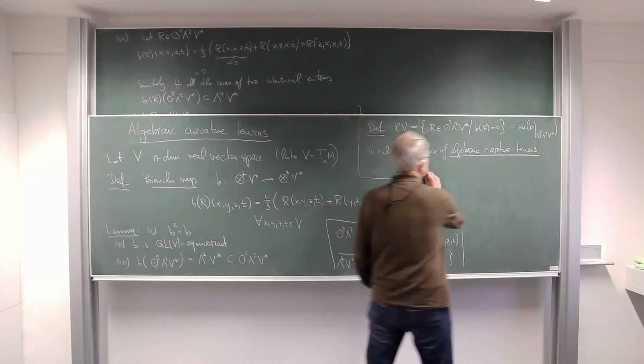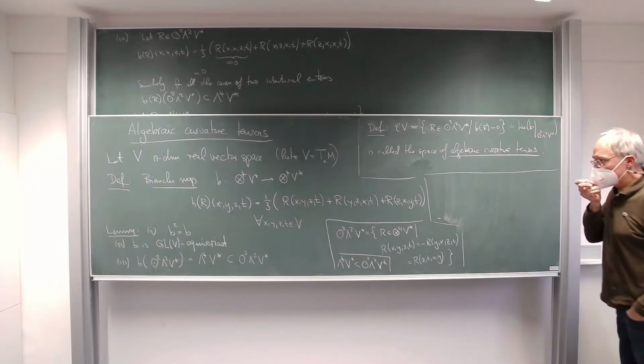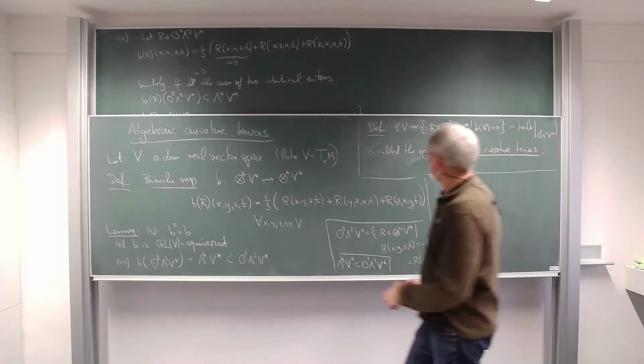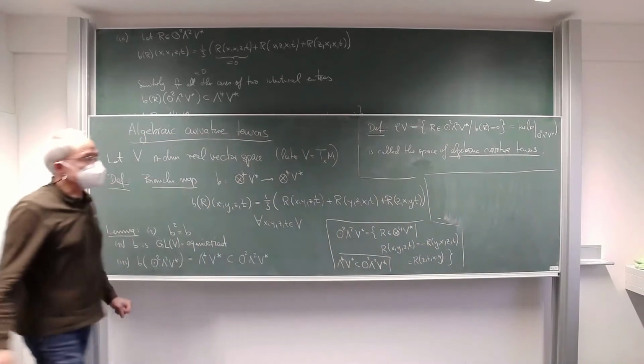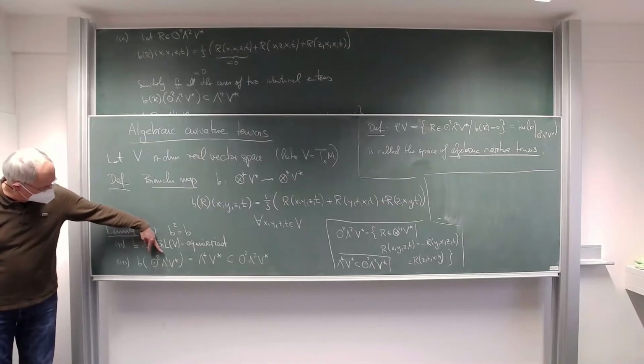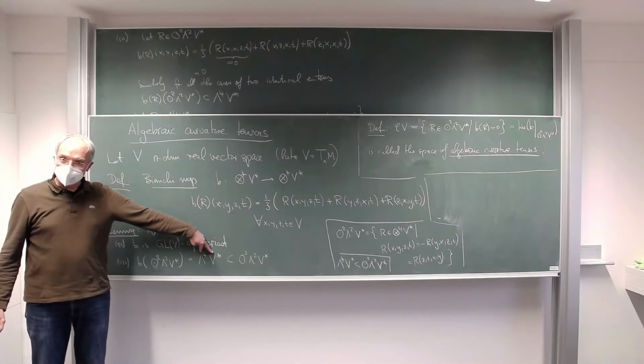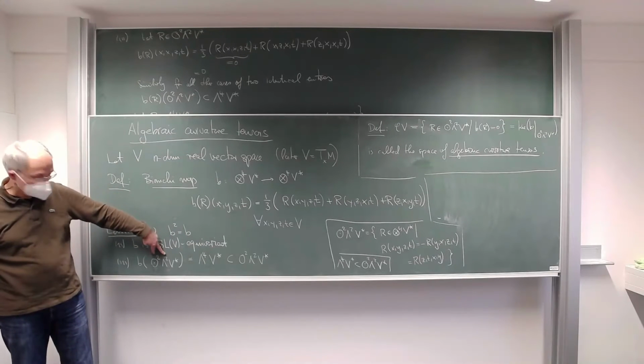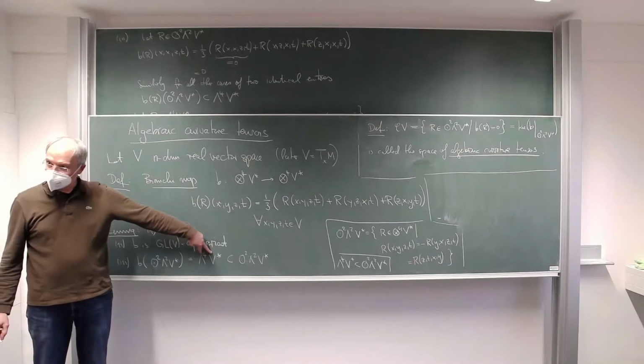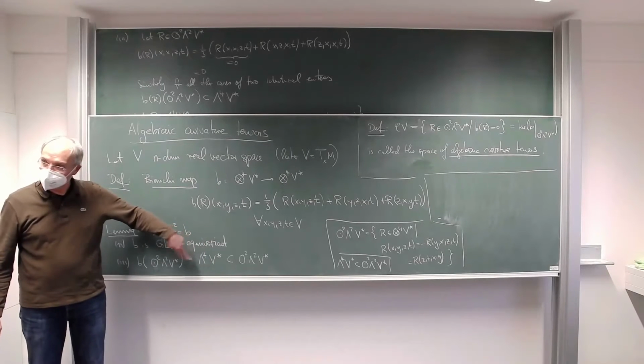So how can we do that? Well, since the space is given as the kernel of a projection on that space, and we know what the image is, we have to take the dimension of this space minus the dimension of that space. And these two things we can compute.